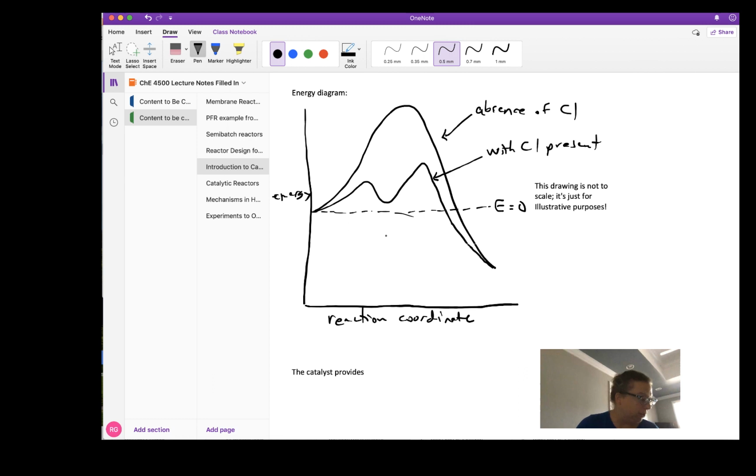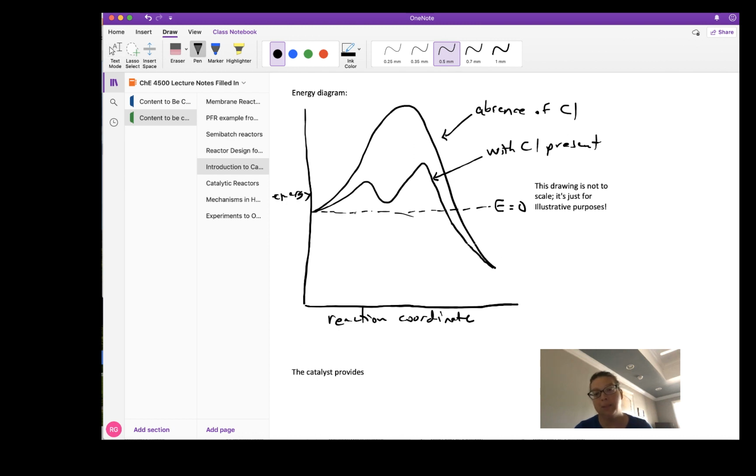But basically what you see here, the chlorine catalyst, is providing a lower energy route from reactants to products. So if you imagine that there are 2 landscapes here that you have to walk across to get from reactants to products, it's energetically more challenging to walk over this large hill than it is to walk over these 2 smaller hills.